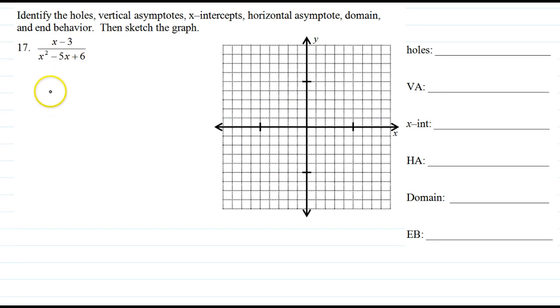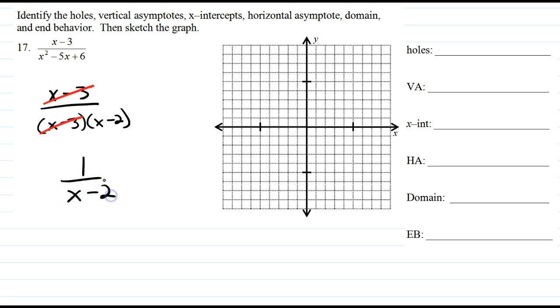Alright, so as we start 17, we are going to factor the bottom. And so we have x minus 3, x minus 2. And so you notice that the x minus 3 and the x minus 3 cancel. And so I'm left with 1 over x minus 2. And so when the x minus 3 and x minus 3 cancel, remember that's going to make a hole.